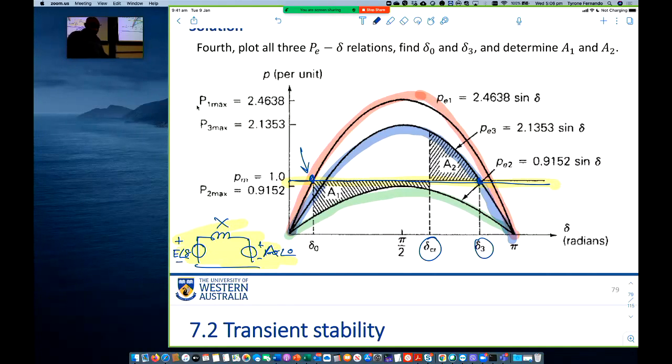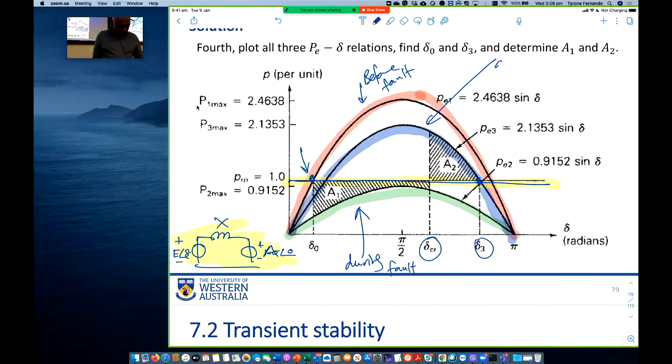So this is before the fault, this is during the fault, this is after the fault. And this is where the fault is cleared.